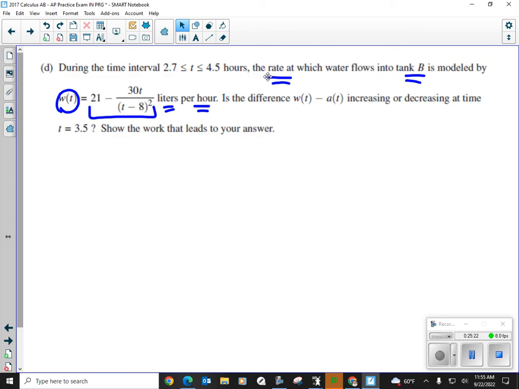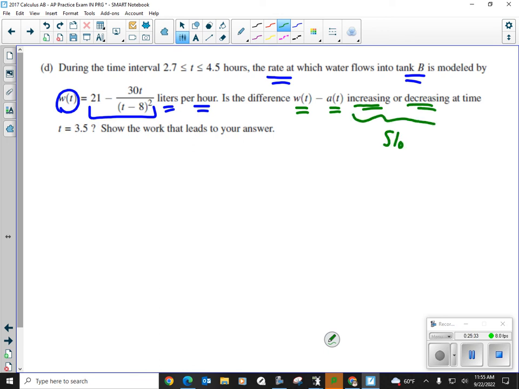Okay? First of all, these are rates. If I want to see if something's increasing or decreasing, that makes me think of slope or rate of change, right? Slope is the same thing as derivative.